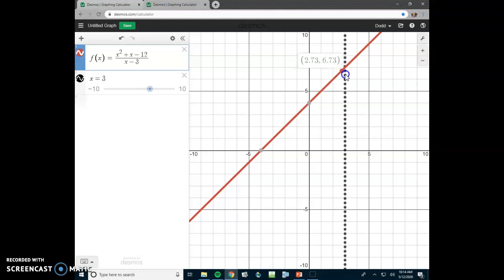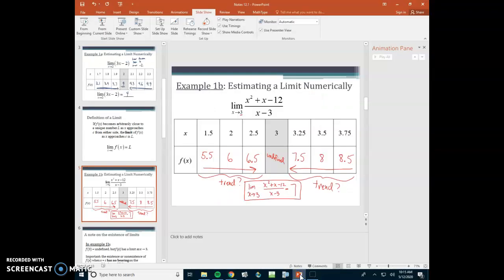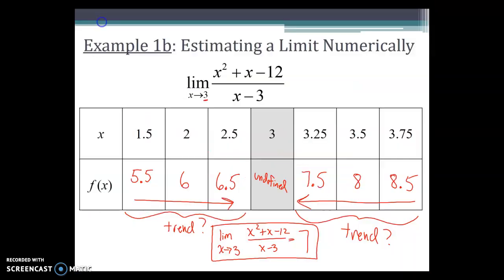What's happening to the output? It's getting closer and closer to 7. It never quite reaches it because it is undefined there. But because the trend matches on both sides, we can conclude that the limit as x approaches 3 is in fact 7. So we can count on that.